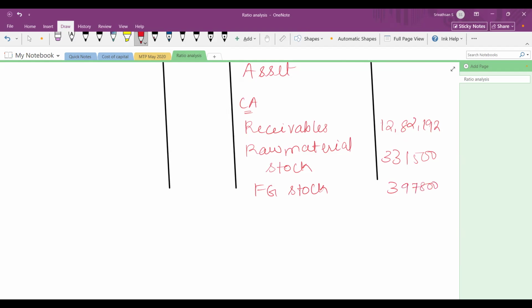Next, what do we have? That balancing is your cash. From total current asset minus all these things, whatever you get as the balance is the cash.